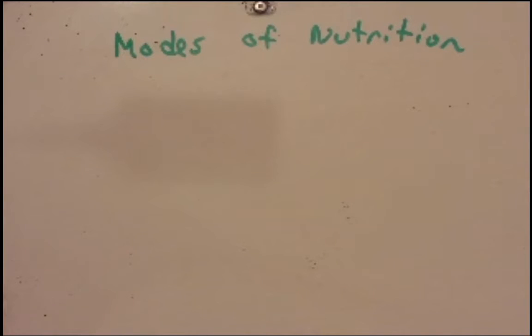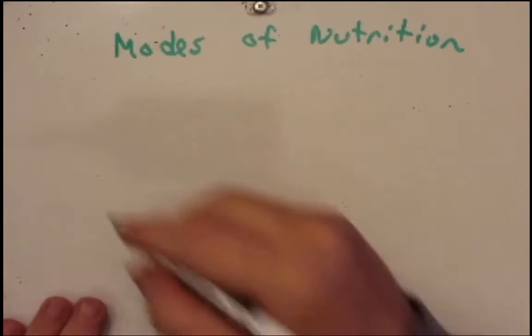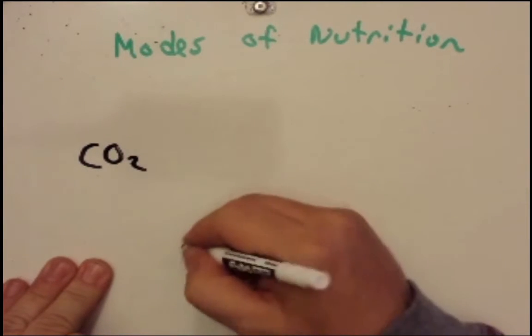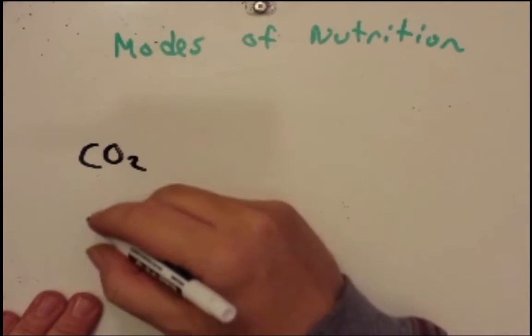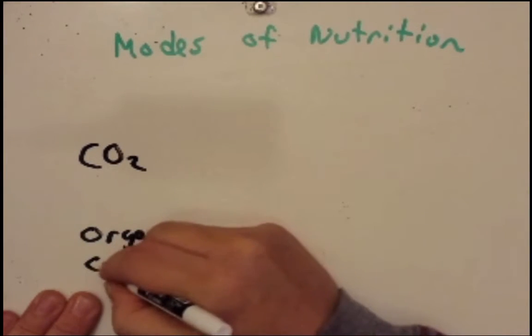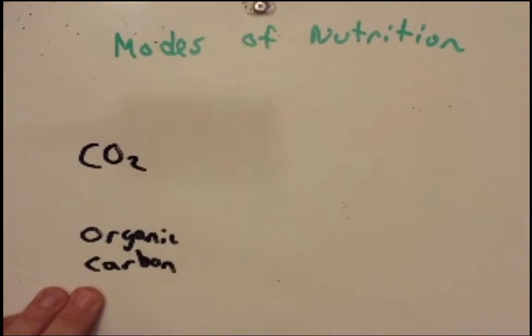Now let's combine the source of carbon and the source of energy that the bacteria need in a broad category called modes of nutrition. Because remember, an organism needs both a source of energy and a source of carbon in order to survive. So they have two ways to get carbon. Remember, we said CO2, these would be our autotrophs, and organic carbon source, these are our heterotrophs.